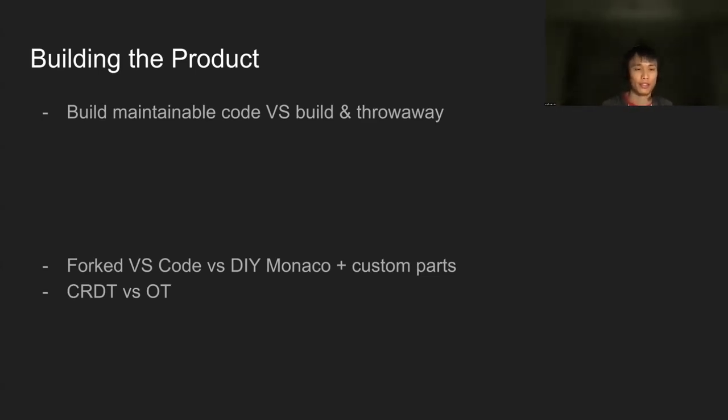So one of the considerations we had was: should we fork VS Code, or make a DIY Monaco? Monaco is the editor that VS Code is based on, and we would strip out the other custom parts.